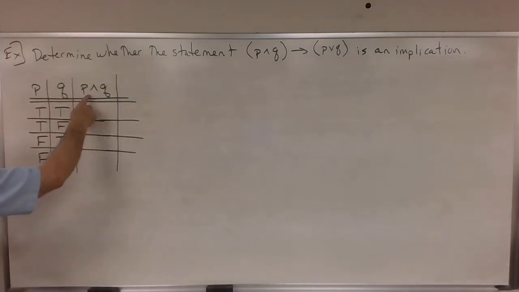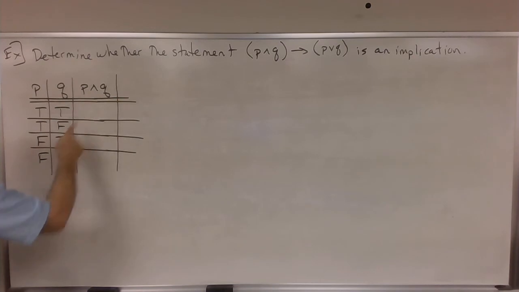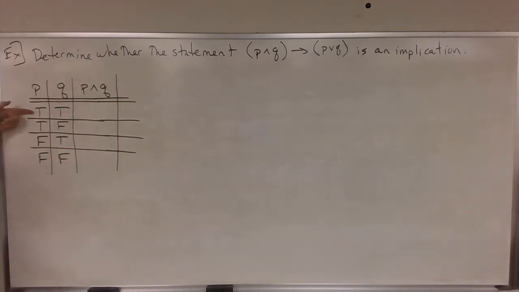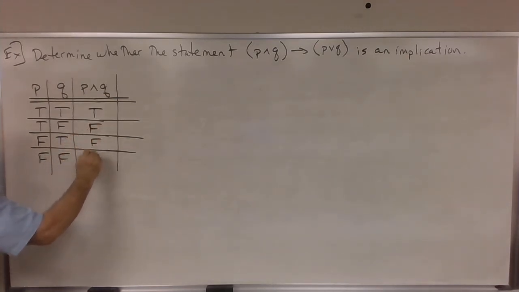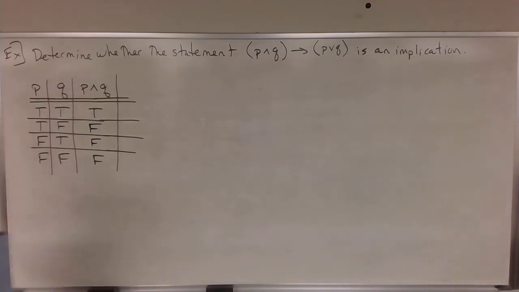So when both P and Q are true, this thing will be true. And that only happens here. P is true, Q is true. Every other time, at least one of these is false.